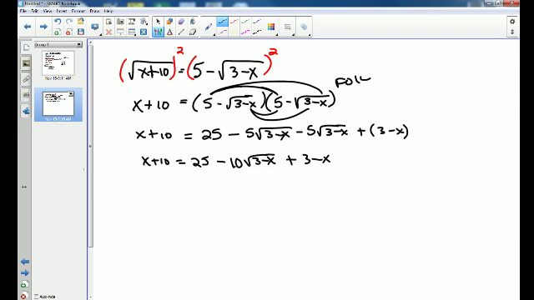Root 3 minus x times root 3 minus x. So the roots just cancel? Well, they're squared. Both of them are negative, right? Negative times a negative is a positive. Oh, okay. Two roots of the same thing, the thing just comes out. And would you want to add 3 and subtract x, or subtract 3 and add x?